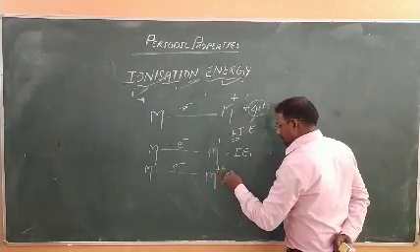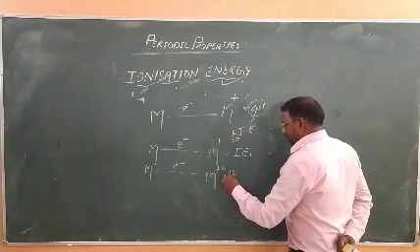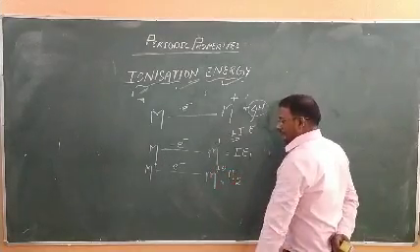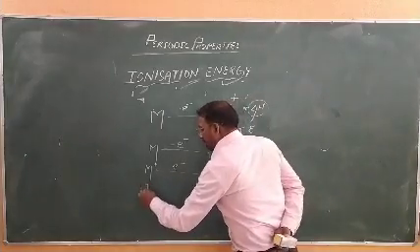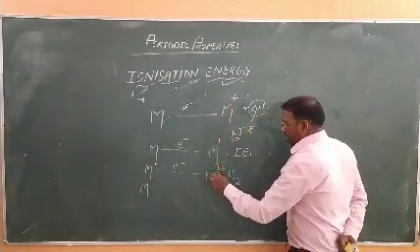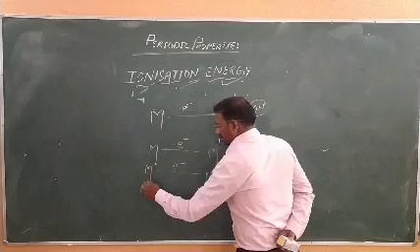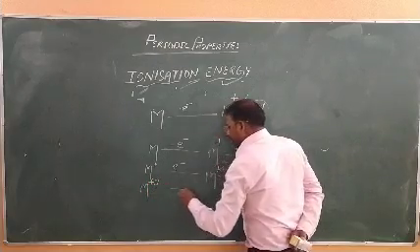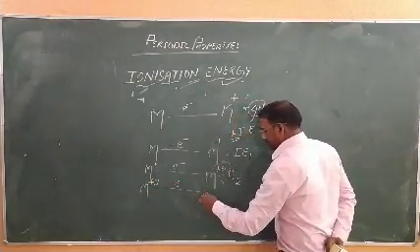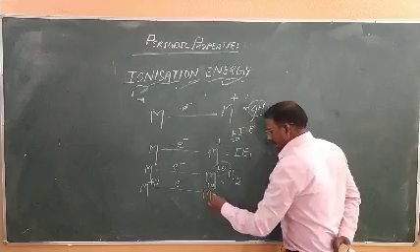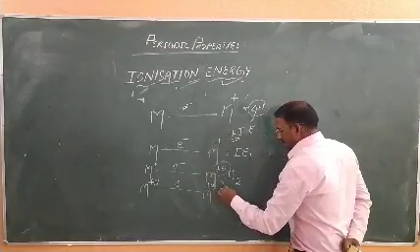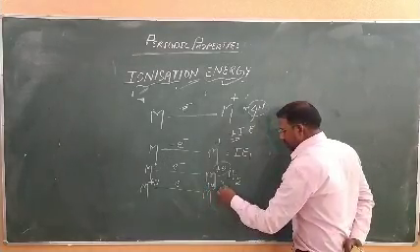M2+, and it is known as ionization energy 2. And again we will remove one more electron from this cation, what will form? M3+, and it is called ionization energy 3.